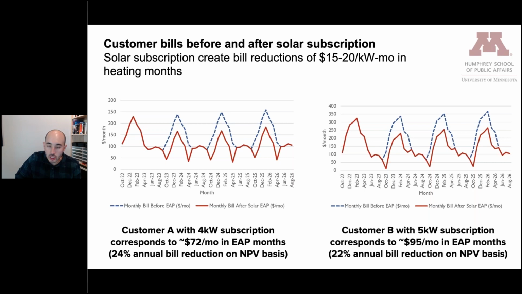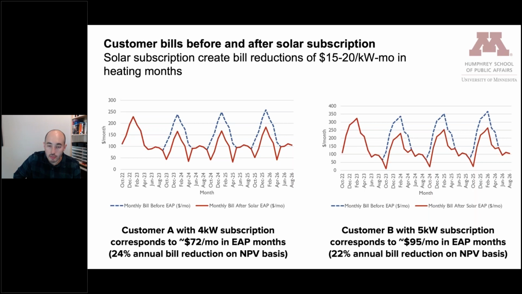So on the left is one of the real world customers served by energy assistance in Mahube-Otwa. And you can see what we've done is we've just taken their monthly load profile, their actual monthly bills. For this household, they've been paying around $225 in the middle of winter for their electric bill. And then we applied the Solar EAP program.